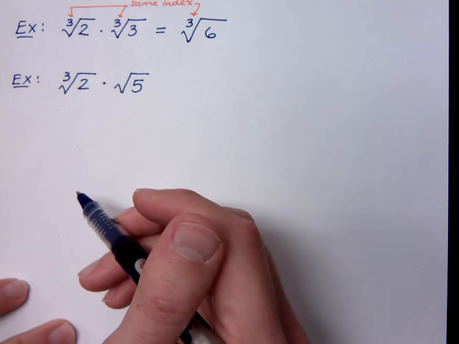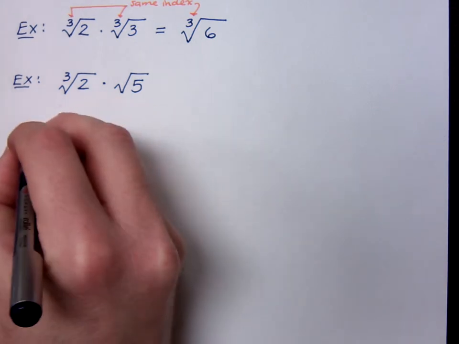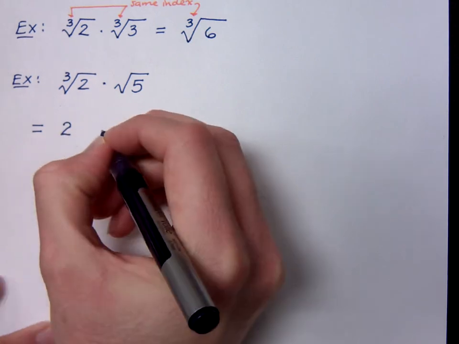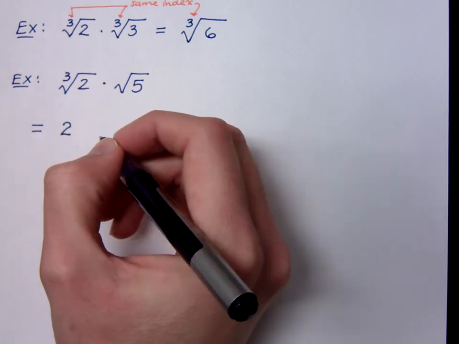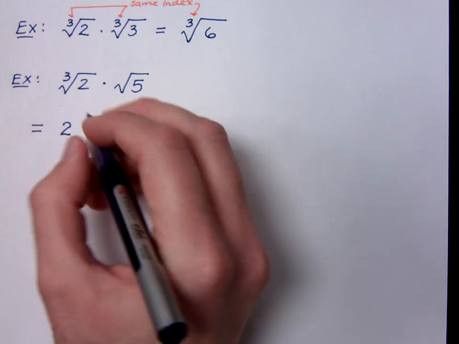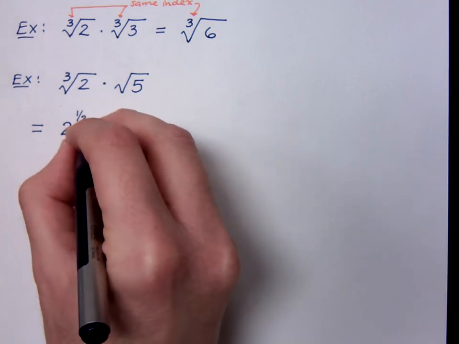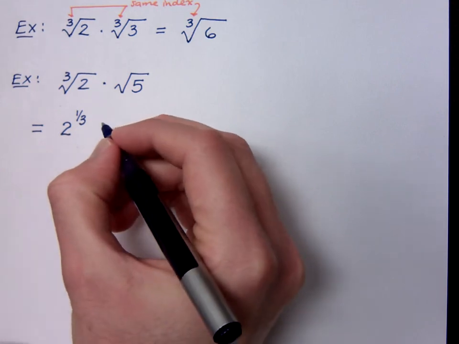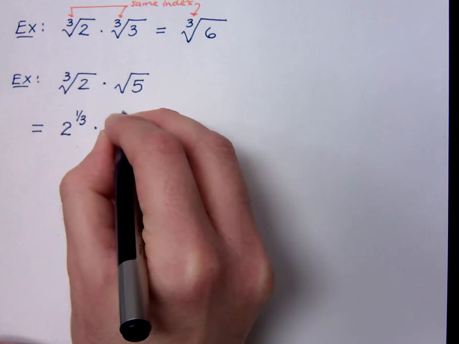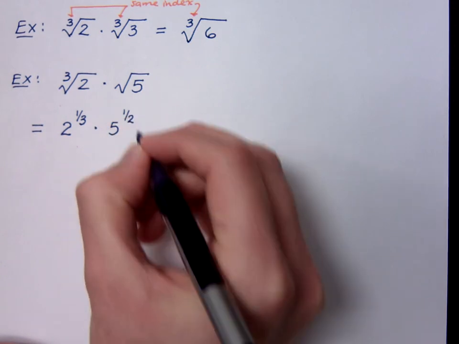But we also saw something last week where I could rewrite these guys using exponents. So how would I rewrite the cube root of 2? It's 2 to the what power? Right, it's 2 to the 1/3 power times 5 to the what power? To the 1/2 power. Do y'all agree?